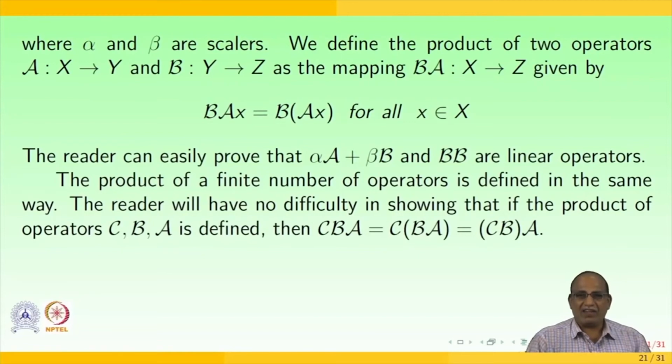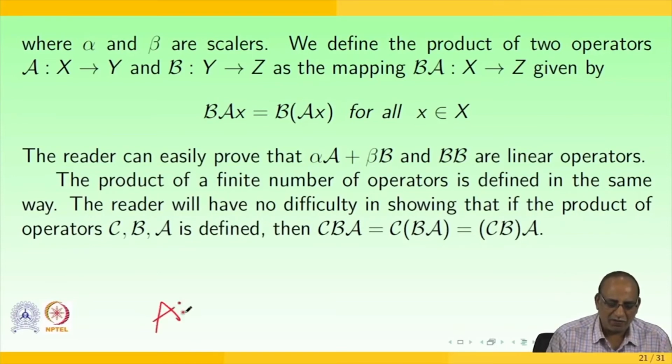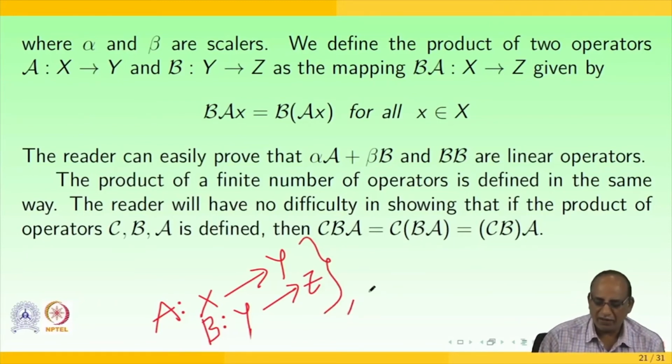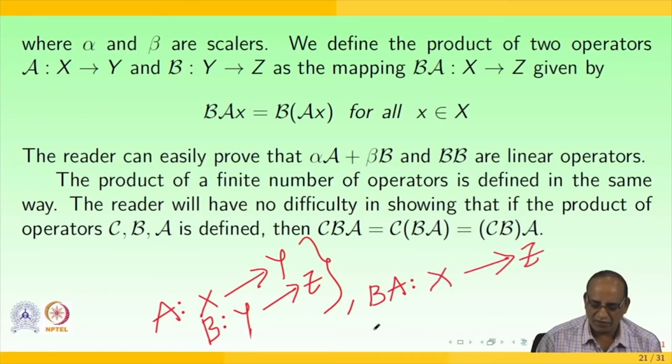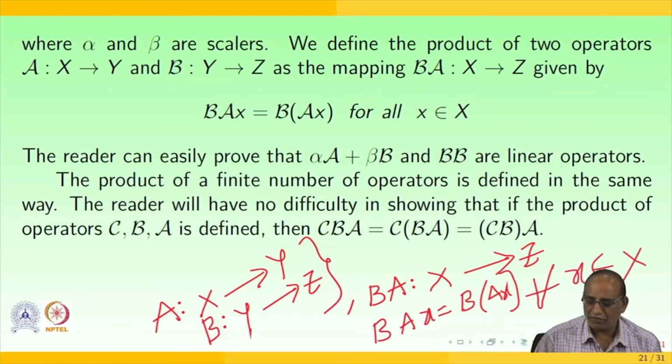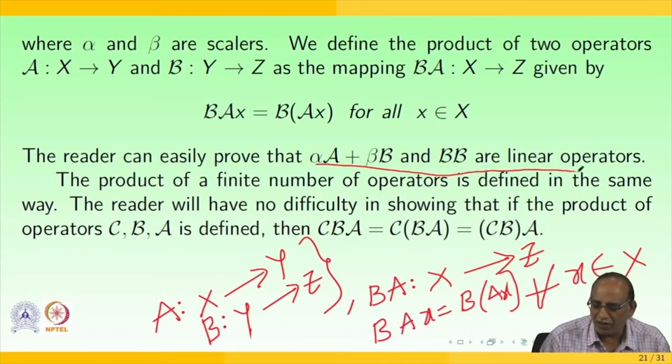Where alpha, beta are scalars. We define the product of two operators, that is, A maps X to Y and B maps Y to Z. Then the mapping BA, that is X to Z, is given by BA of x equal to B of A of x for all x belonging to capital X. The reader can easily prove that alpha A, beta B, and BA are linear operators.